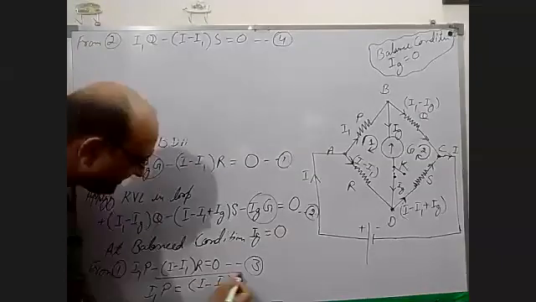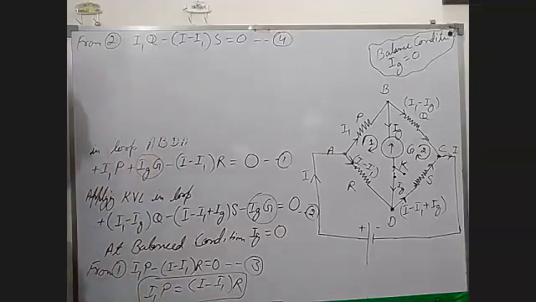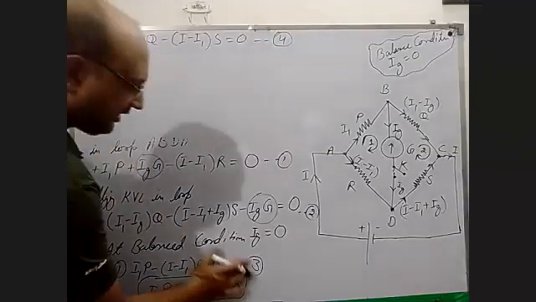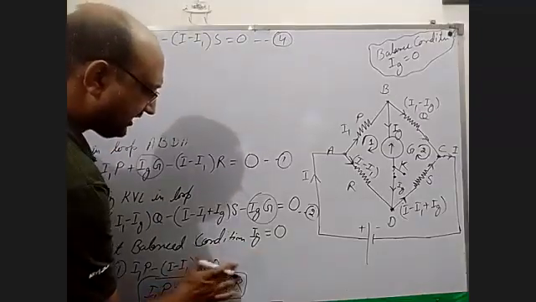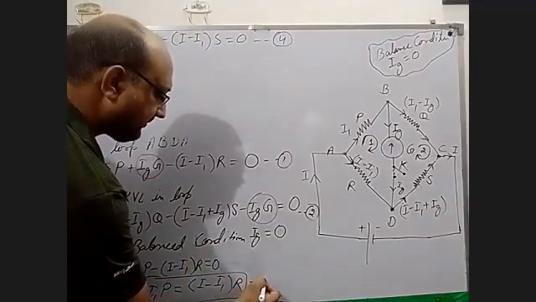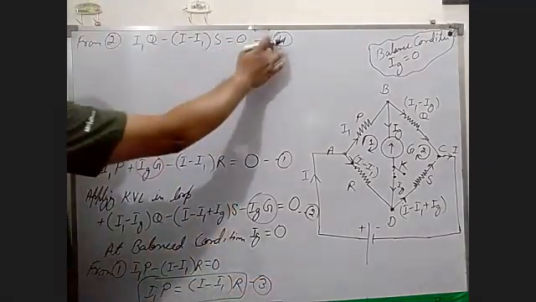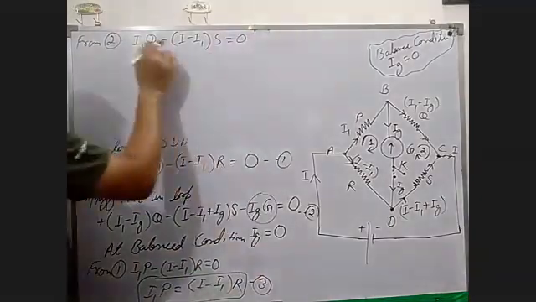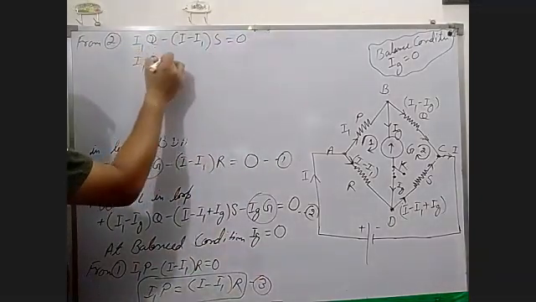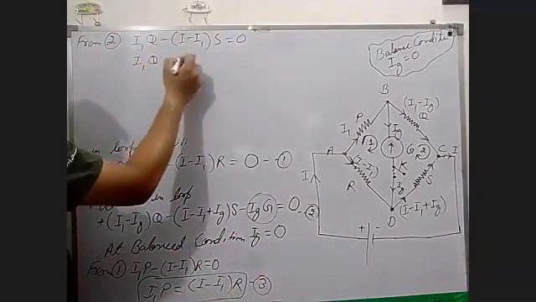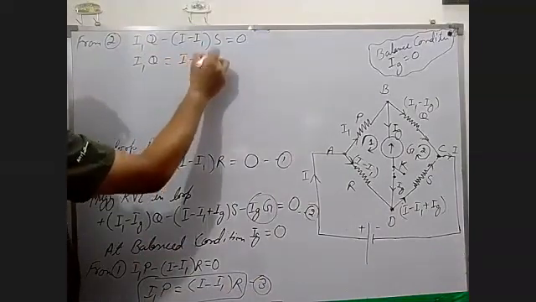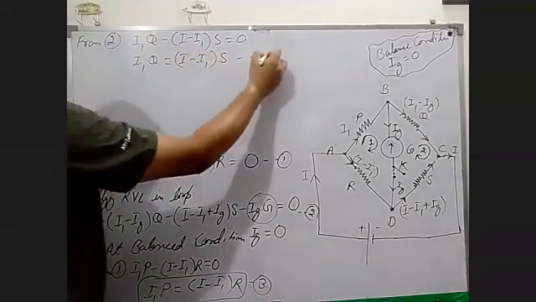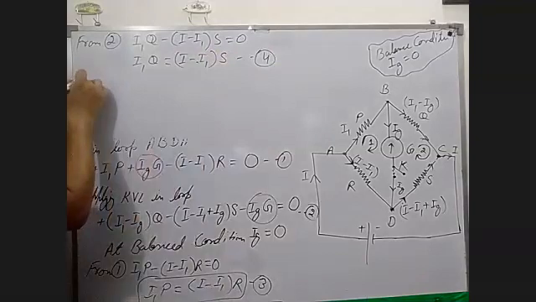Now name this equation 3. Again, this thing you can arrange in this way. I1Q is equal to I minus I1 into S. This is equation 4.